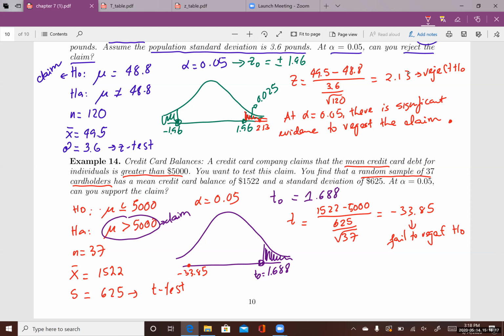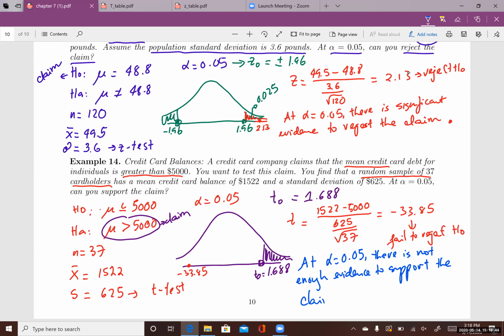Your interpretation should be: at the level of alpha equals 0.05, there is not enough evidence to support the claim that the mean credit card balance of individuals is greater than $5,000.